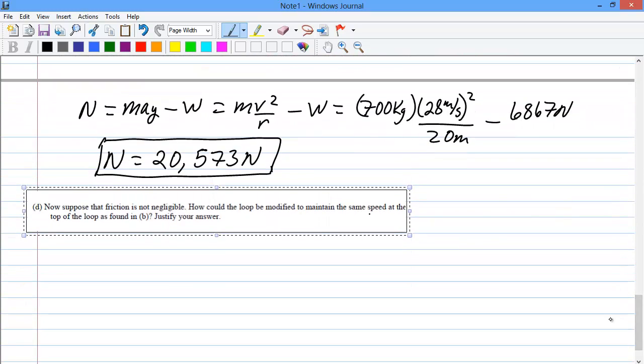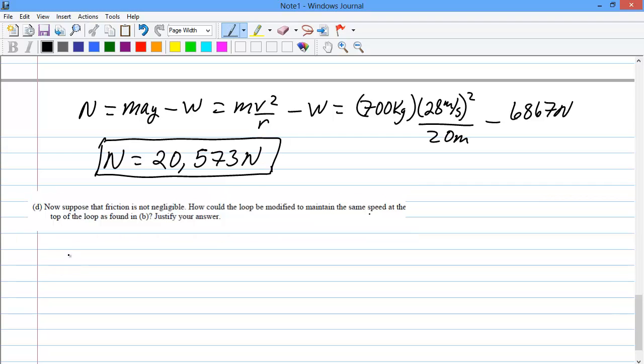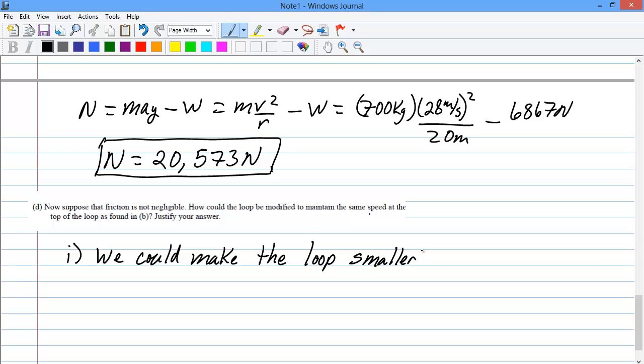Well, since we're going to lose some energy to friction, one thing we could do is make the loop smaller, such that it doesn't go to the same height.